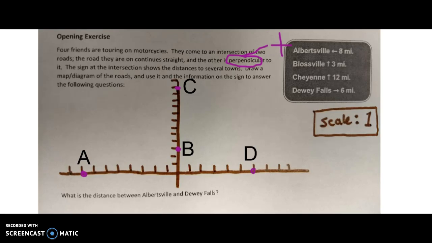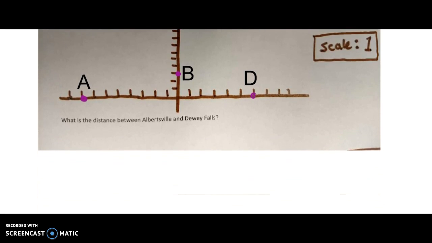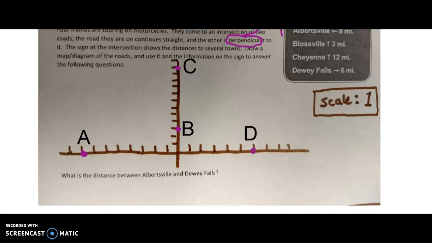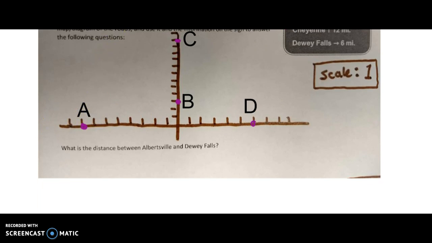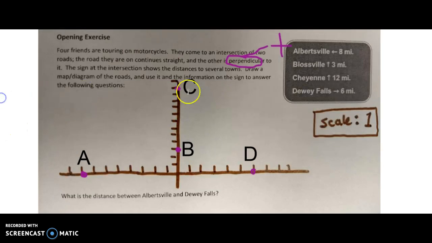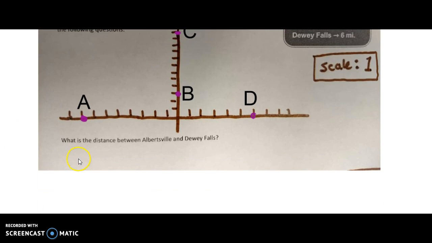Now, we're ready to answer this question. What is the distance between Albertsville and Dewey Falls? So I'm looking at my A and my D. And here's what I can tell. Albertsville is, and I can look back up here to tell, 8 miles from my origin. So I'm going to say 8.